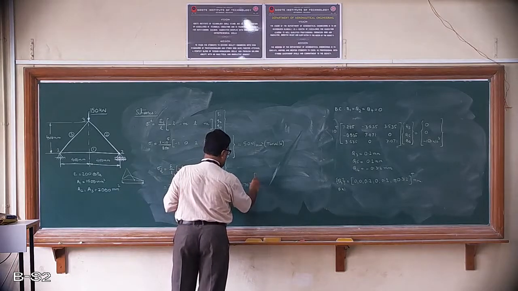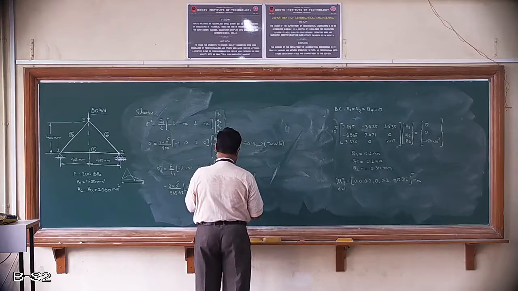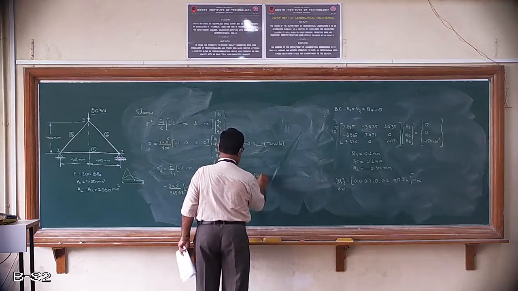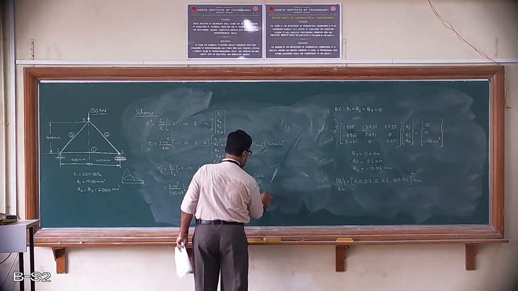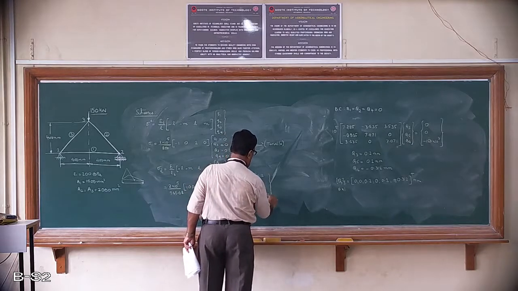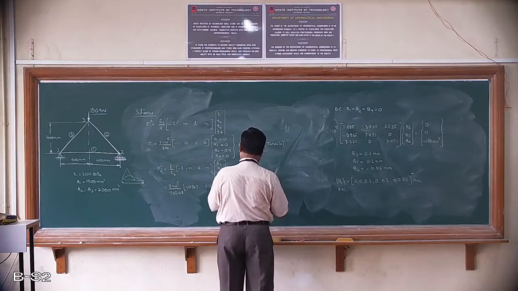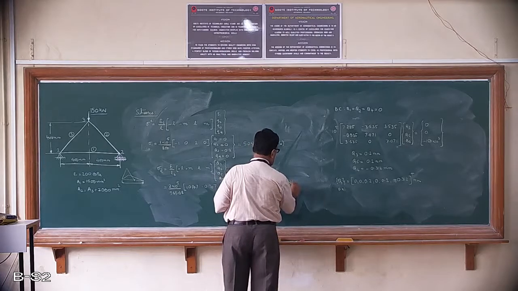It will be there. And Q3 you have just calculated. What is the value of Q3? 0.2. Q4 is 0. Q5 is 0.1 and Q6 is 0.312. So if you look at this, the stress for the second element comes out to be minus 53 Newton per millimeter square.